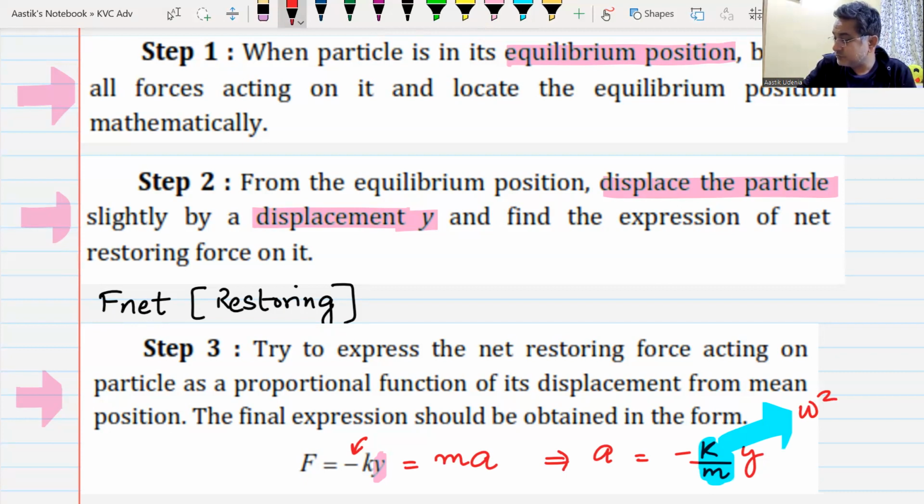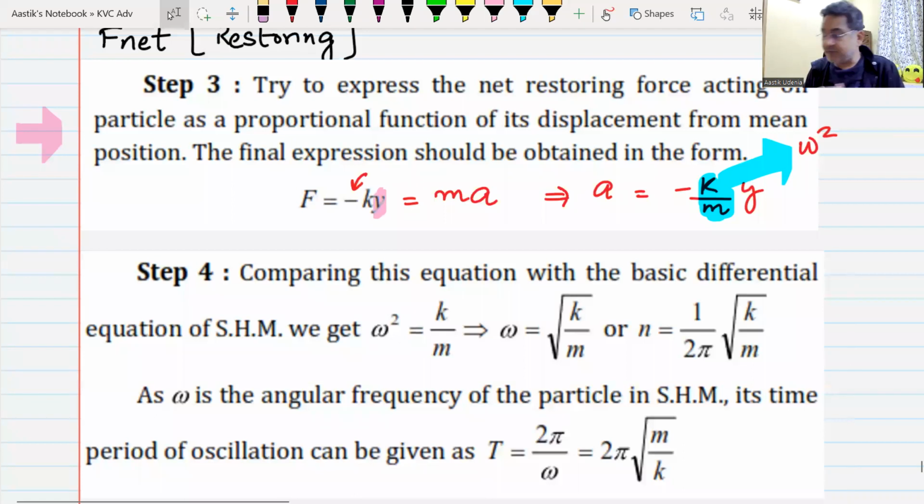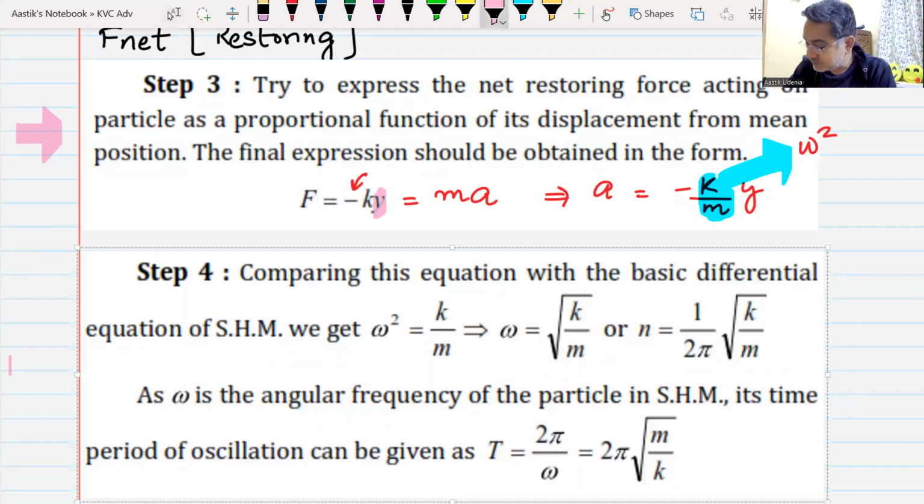Step number 2? Yes, sir. Then the last step is you just compare this equation with acceleration, find out the value of omega, and just write omega in terms of k by m, and that will be solving your problem once and forever.